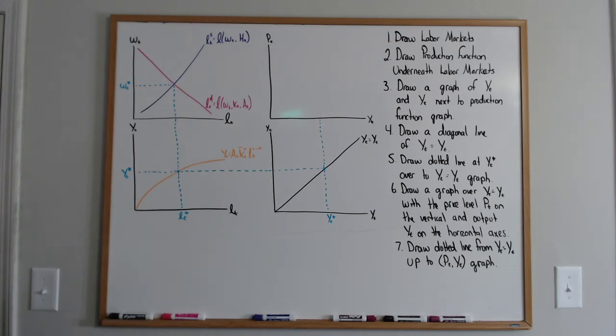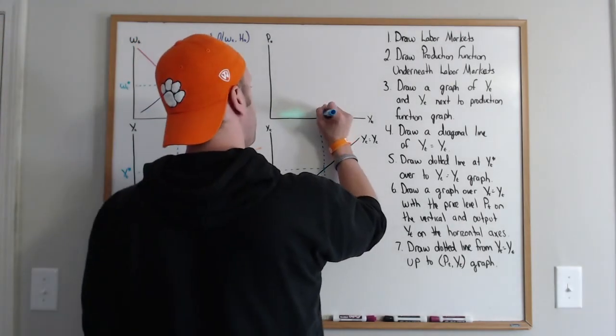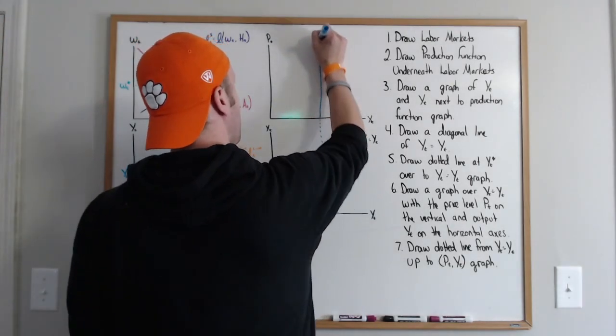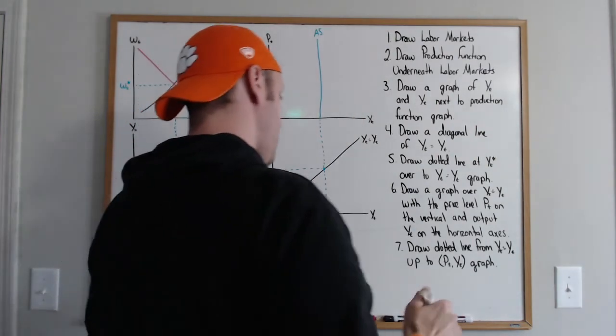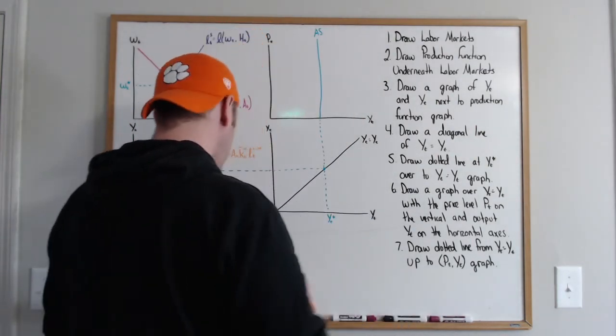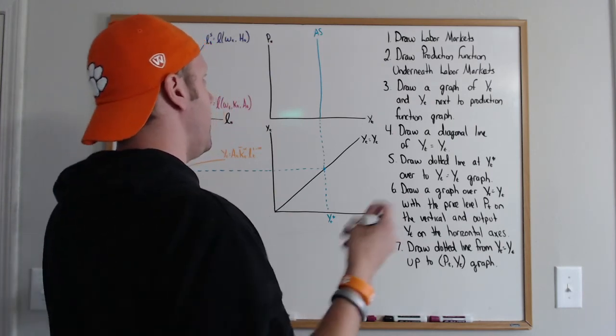That must mean then, using our Sherlock Holmesian deductive reasoning, that aggregate supply would be perfectly vertical. We'll label it AS. So step 8 is draw a vertical aggregate supply curve.